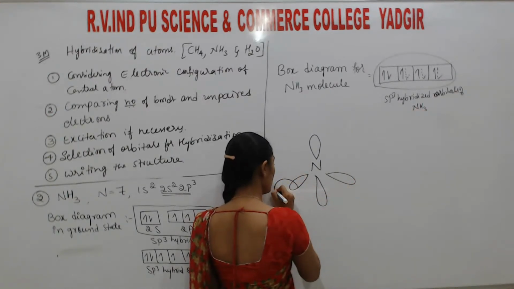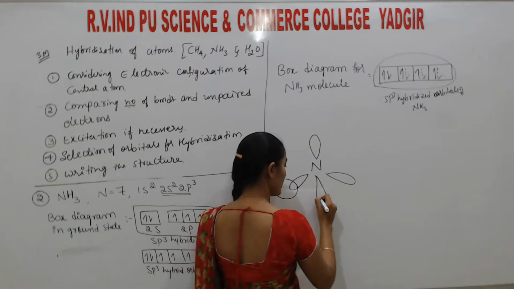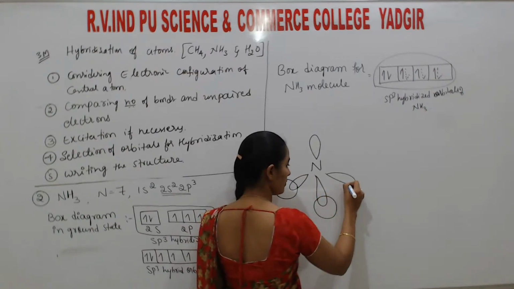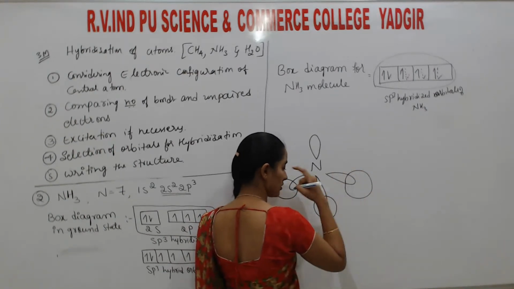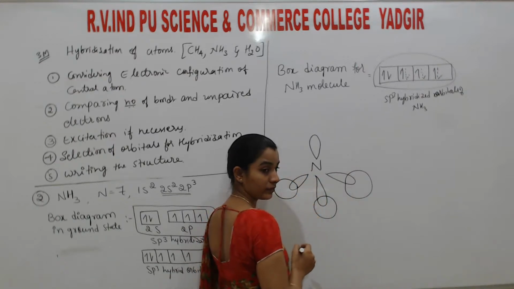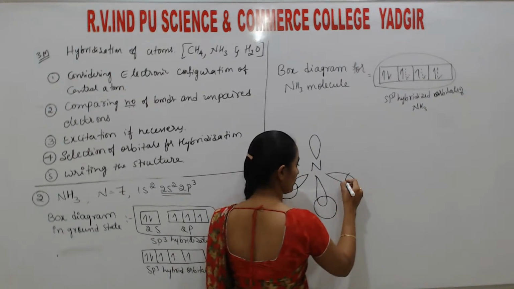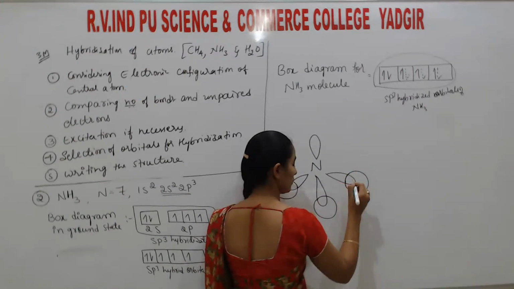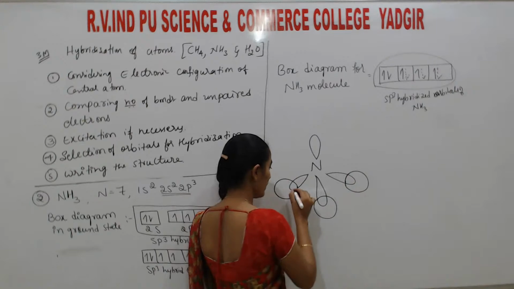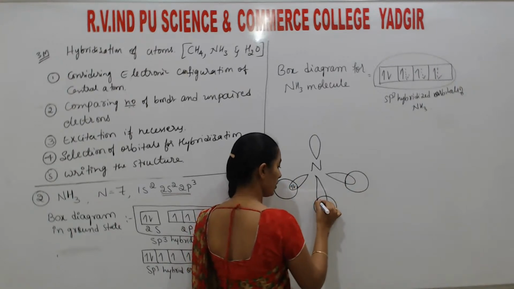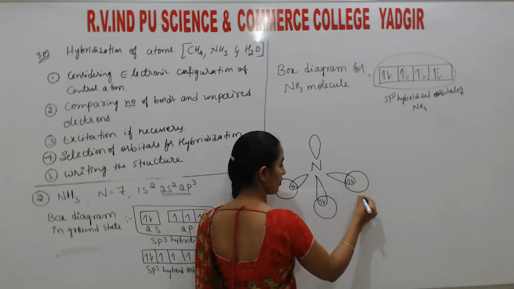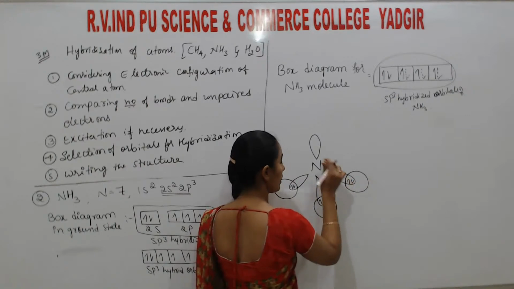As I told you, 1s1 means they are spherical in structure. Here the electrons are bonded, means this is the electron of hydrogen and nitrogen.